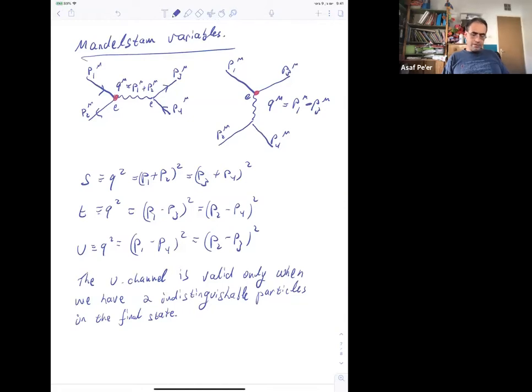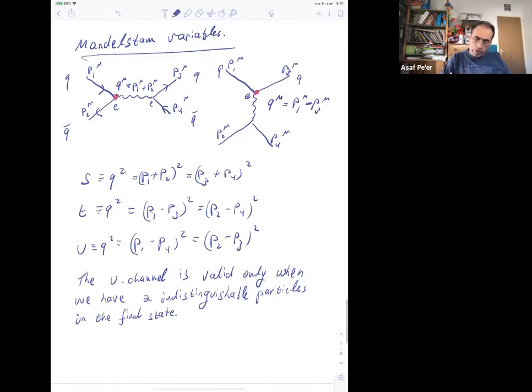Right, now when we look here, we had a quark and an anti-quark. Quark, anti-quark, quark, anti-quark. Sorry, quark, quark, anti-quark, anti-quark.